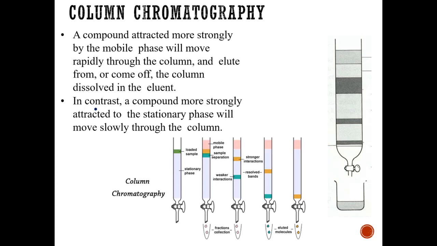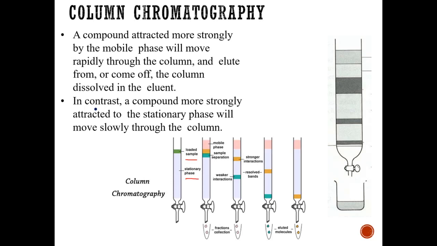Earlier we have seen the process of elution, how different compounds, that is bands, are separated. In this slide, here the sample is loaded. The stationary phase is loaded and is ready for the elution.